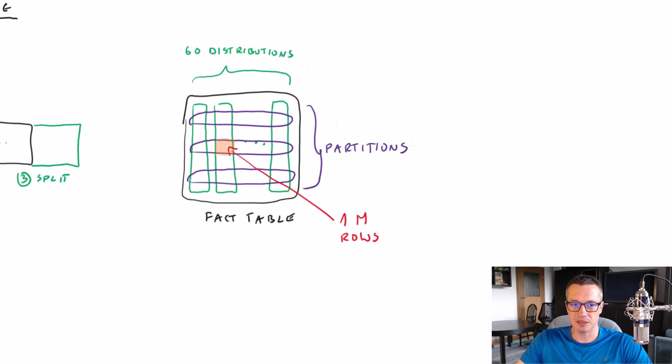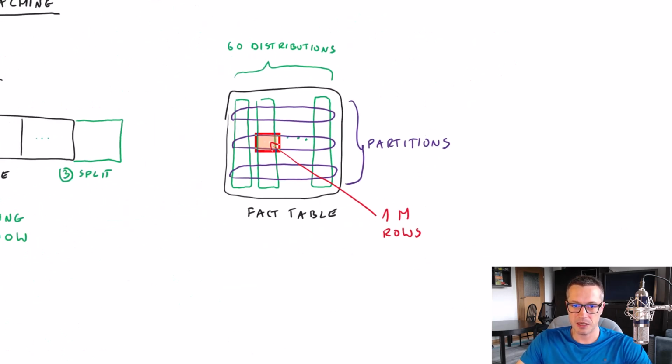Please remember the recommendation that each partition should have at least 1 million rows. So think twice before you start partitioning, because it might not give you any benefit, and actually it might degrade your performance, because if your table is not big enough, you will not benefit from the clustered columnstore index.